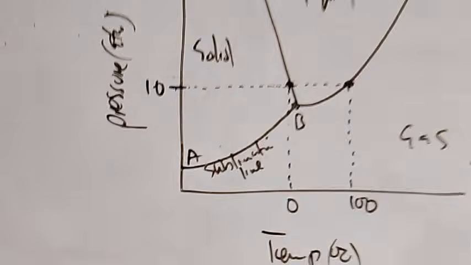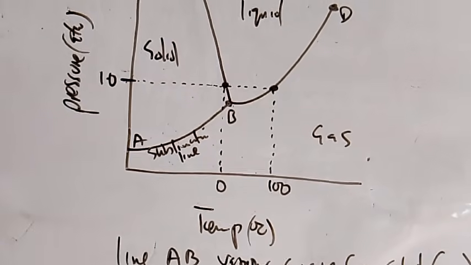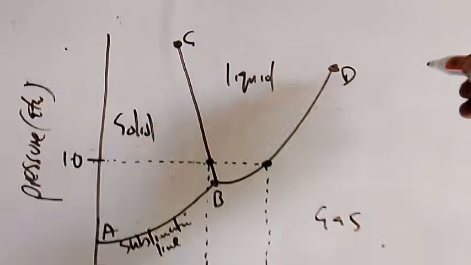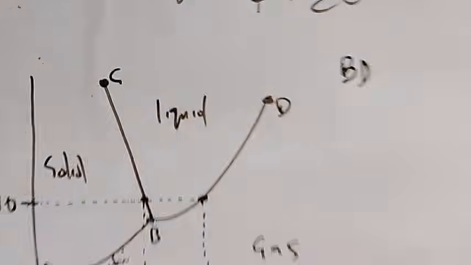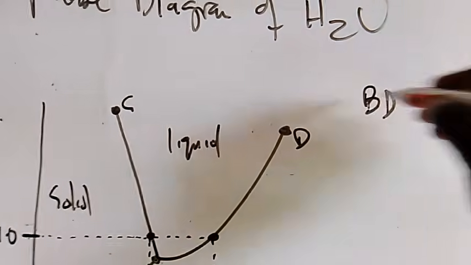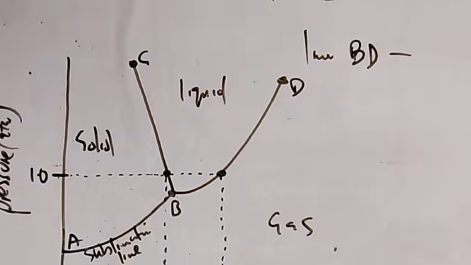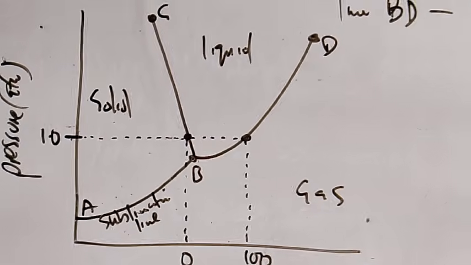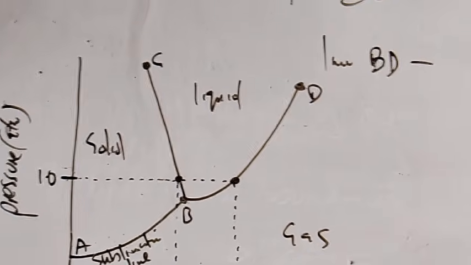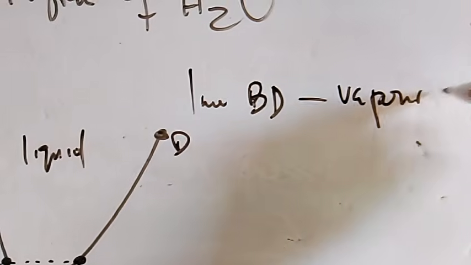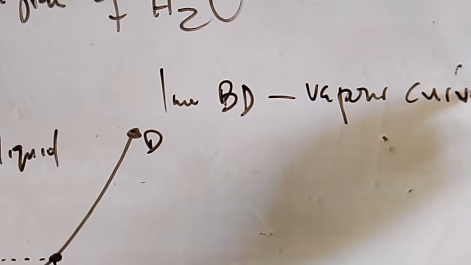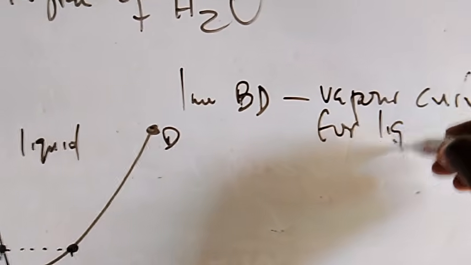Okay, then we go to line BD. Line BD is a vapor curve for liquid water.